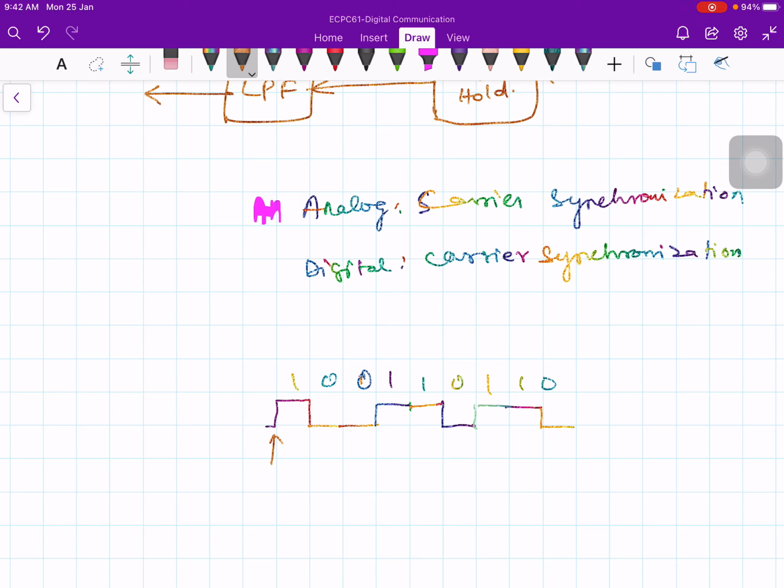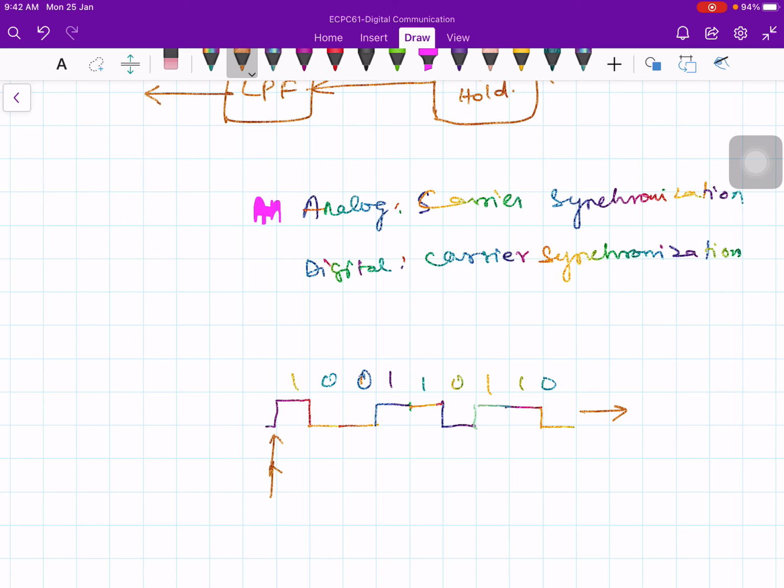Okay, so each sample is represented by a group of bits. Suppose I use a 4-bit word, then at what point does my word start and at what point does it end? Because you are getting this sequence of pulses, at the receiver you don't know where a particular word starts and where it ends.